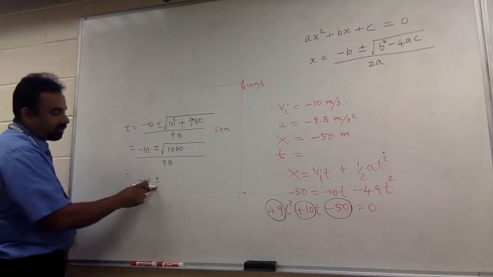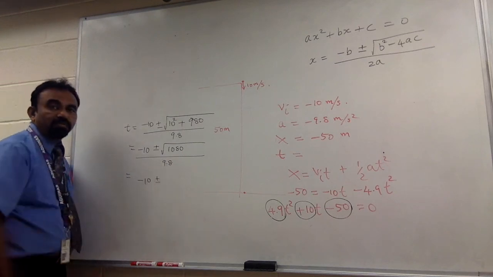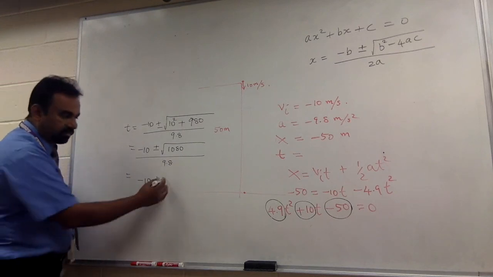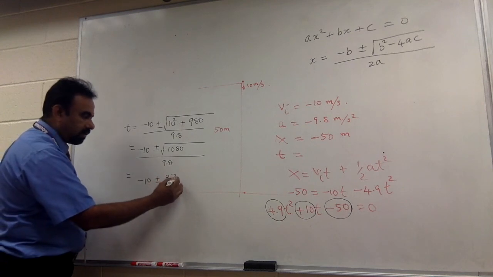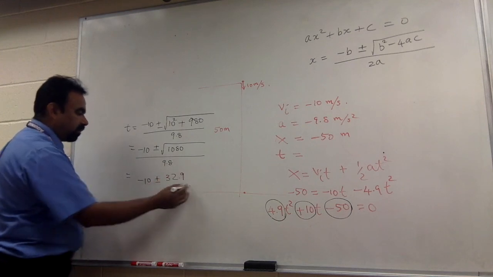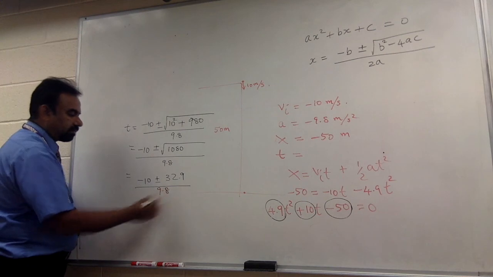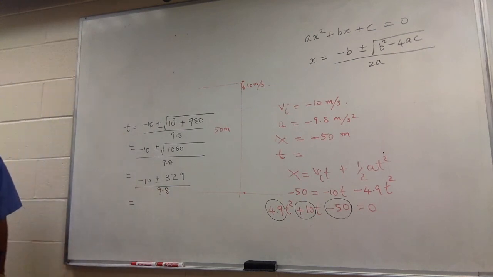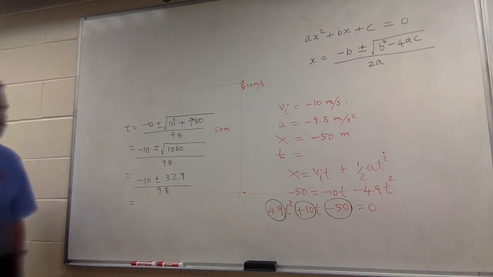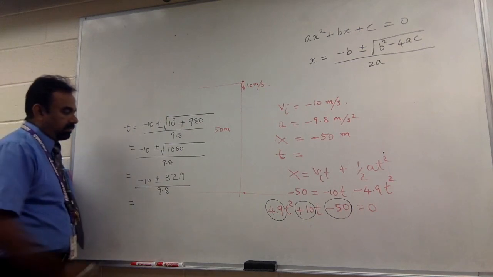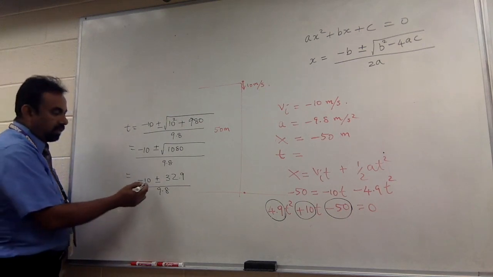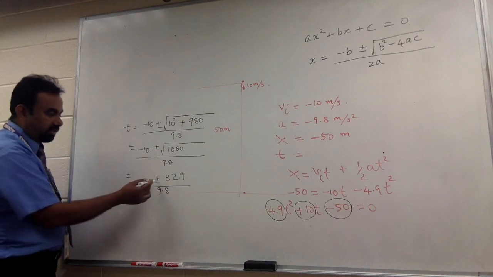So you have plus or minus the square root of 1080, which is 32.9, over 9.8. Now you have two solutions.